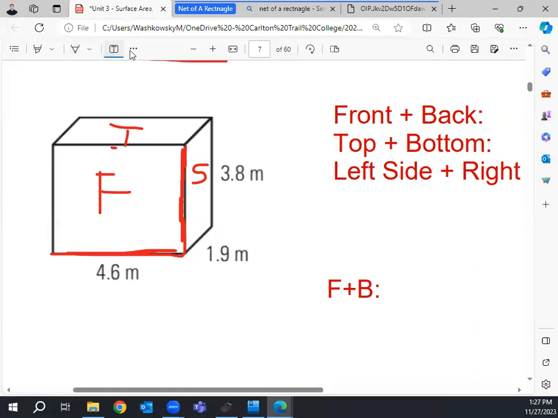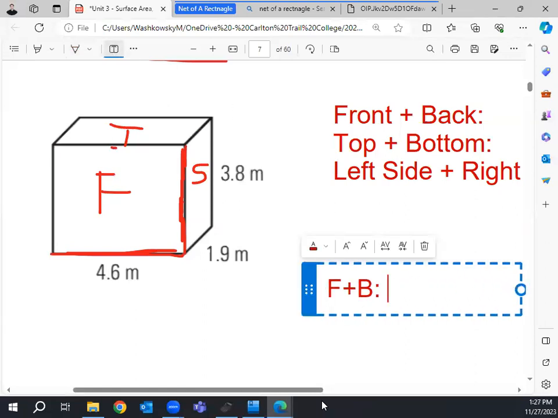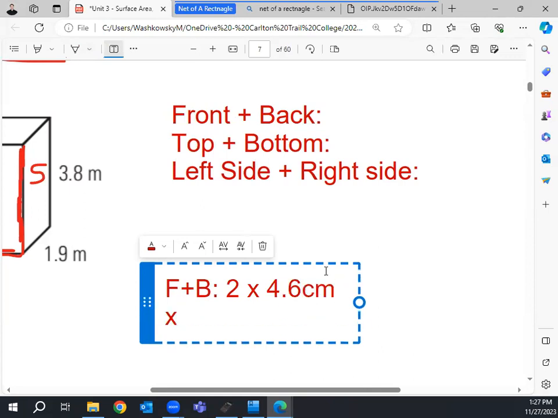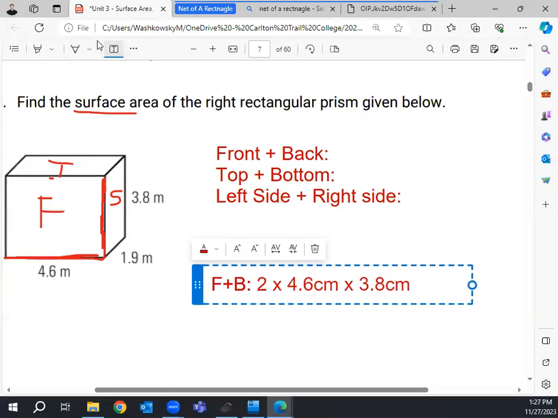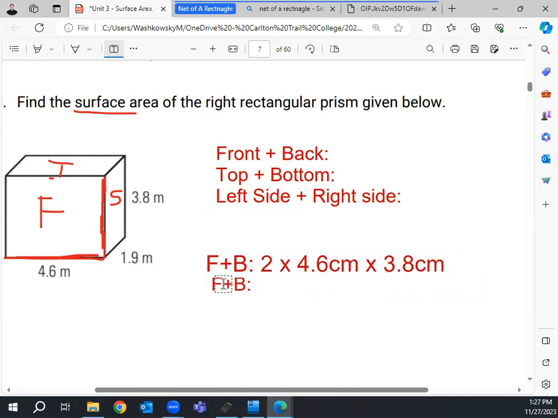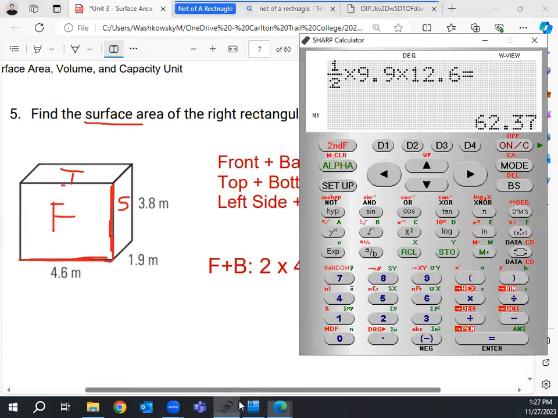So for my front and my back, I'm doing two sides, so I'm going to do 2 times the length and the width. The length was 4.6 centimeters. The width was 3.8 centimeters. Then I just plug that into my calculator: 2 times 4.6 times 3.8.